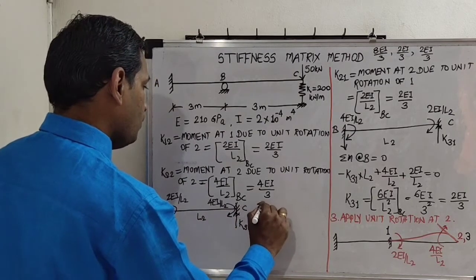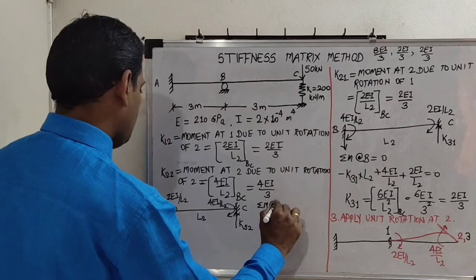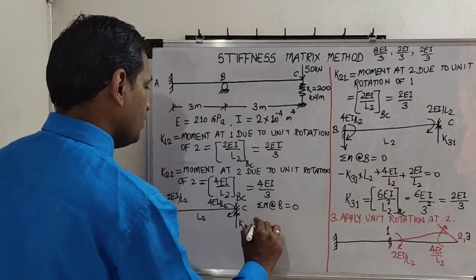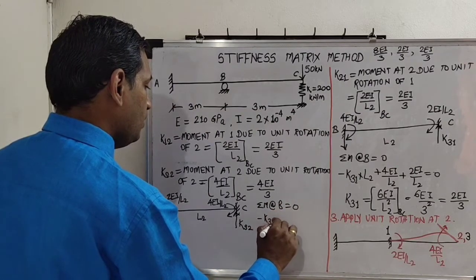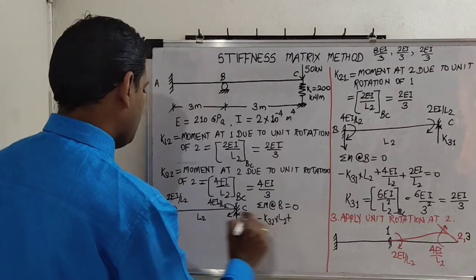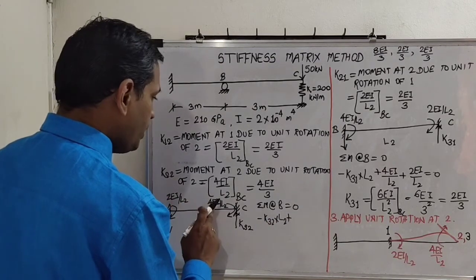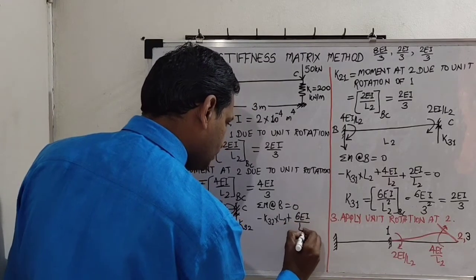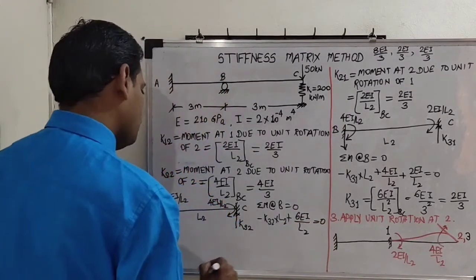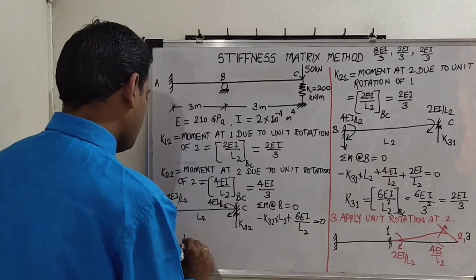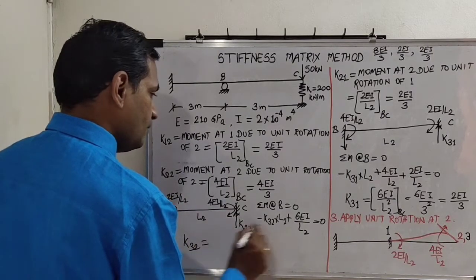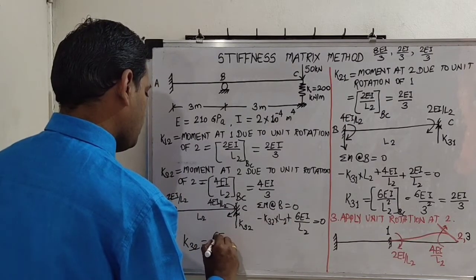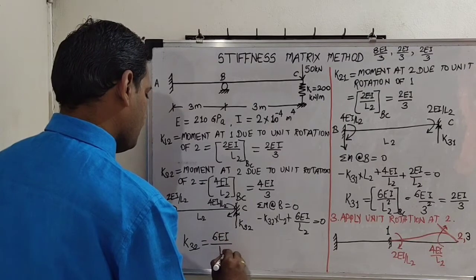So summation of movement about B is equal to 0. So minus K32 into L2 plus 2EI by L2 plus 4EI by L2. So I'll write directly 6EI upon L2. It is equal to 0. So K32 is 6EI upon L2 square.